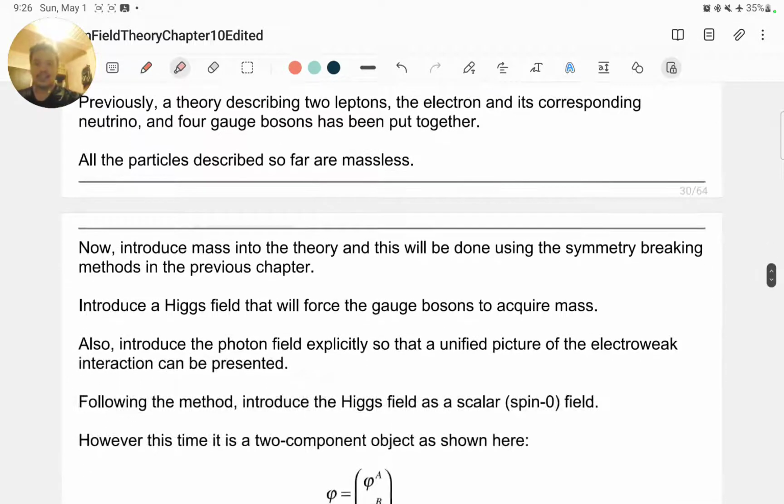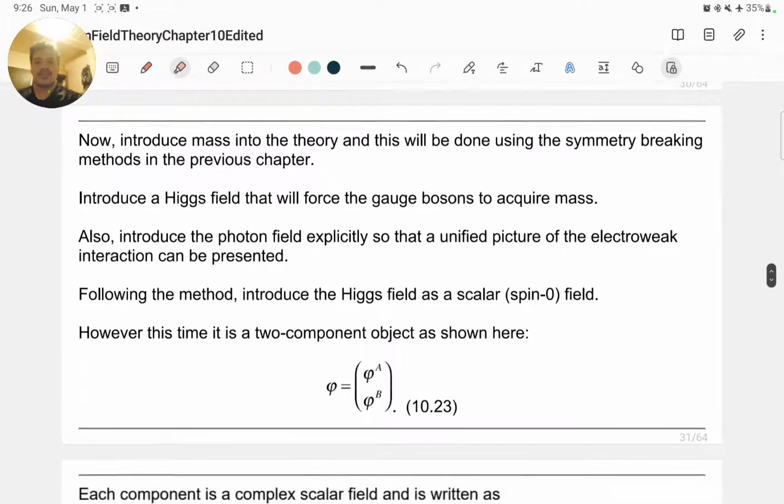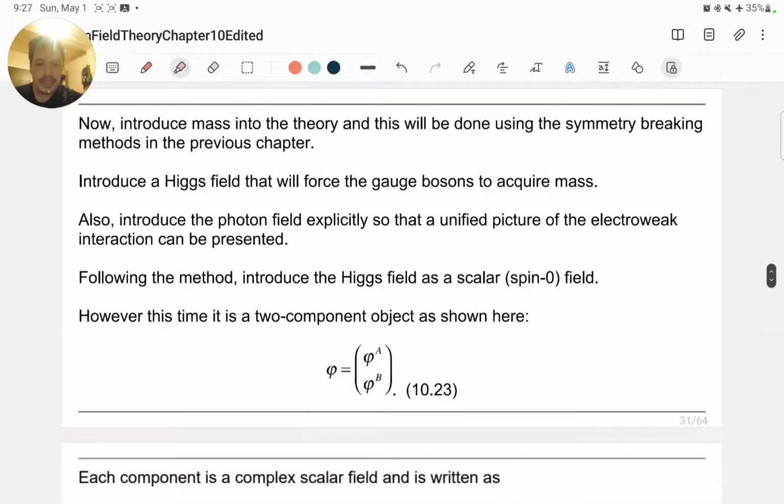Now we introduce mass into the theory, and of course this will be generated by symmetry breaking, which we've learned in the previous chapter, chapter 9. So if you want to review that lecture, you can also search for the lecture on YouTube.